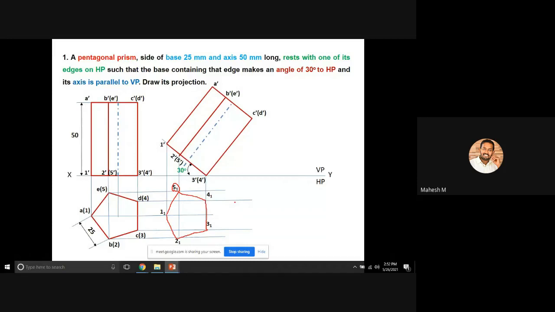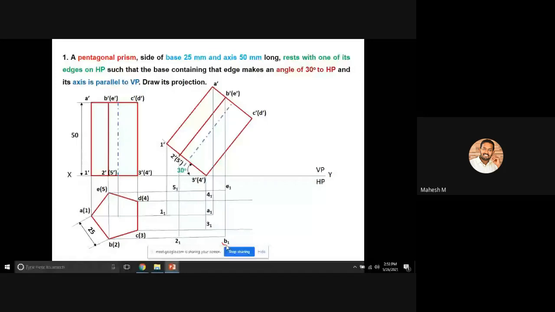For this, you can project a vertical line from point A, and that intersection can be marked as A1. Then project a vertical line for points B and E, which can be marked as B1 and E1.